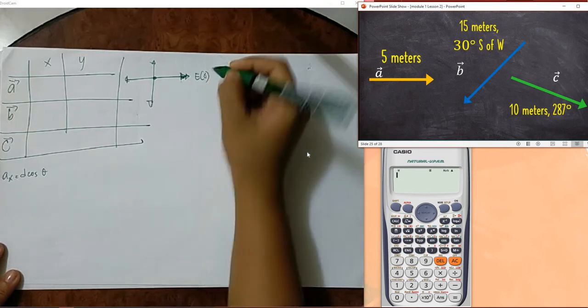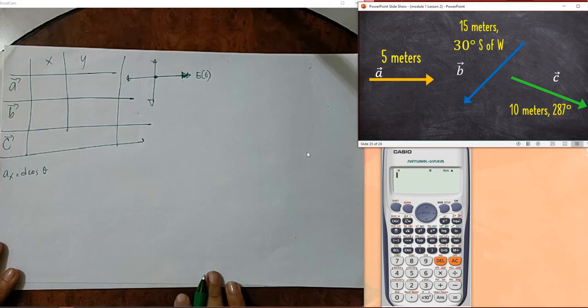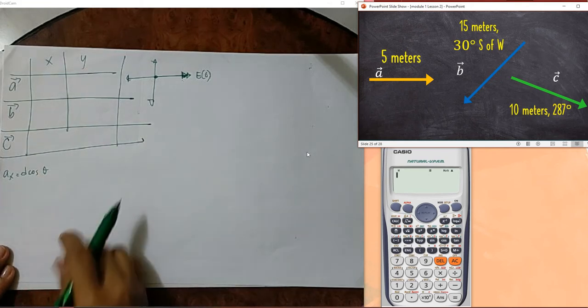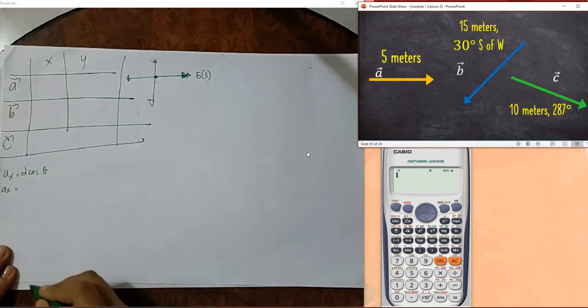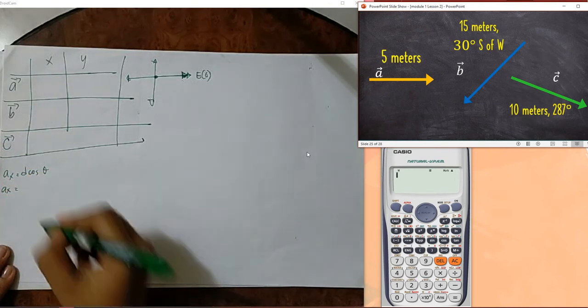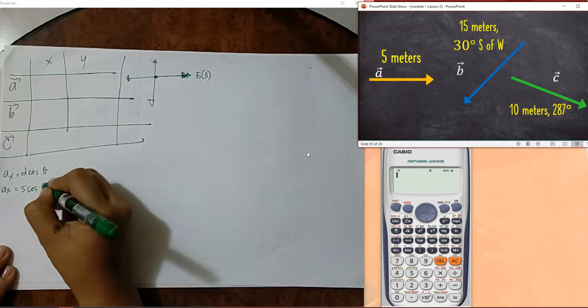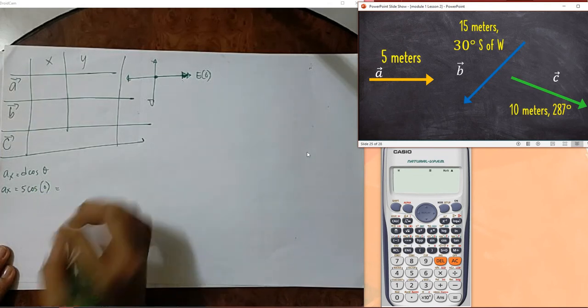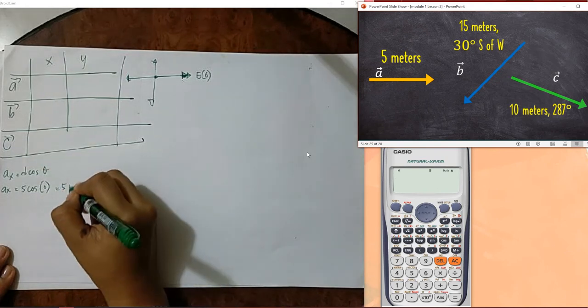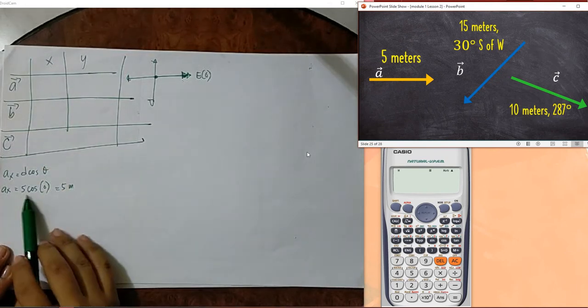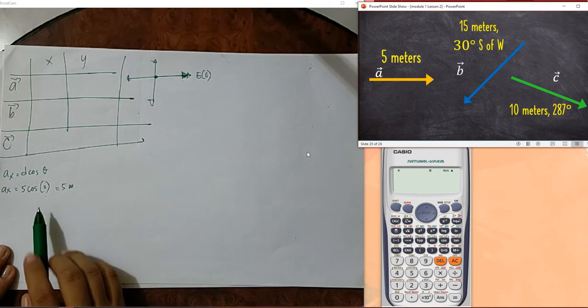That is 0 degrees. So, ilalagay natin dito sa theta is 0. So, we have a sub x is we have 5 meters, 5 cosine 0. So, 5 cosine 0 is equal to 5. So, malagay natin yung 5 meters kasi cosine 0 is equal to 1.